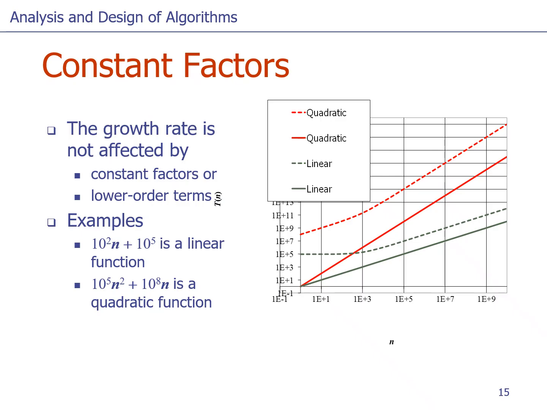Now, I've already mentioned this point, so I'm going to stress it again, that for us, using one of these families of curves is enough to talk about the performance. Okay? So for example, 10 squared n plus 10 to the 5 is still n.